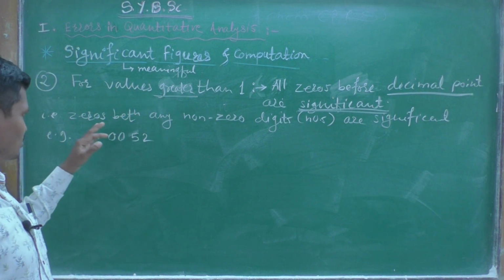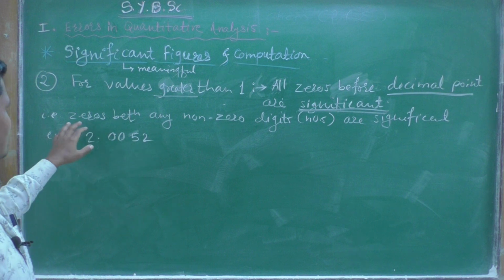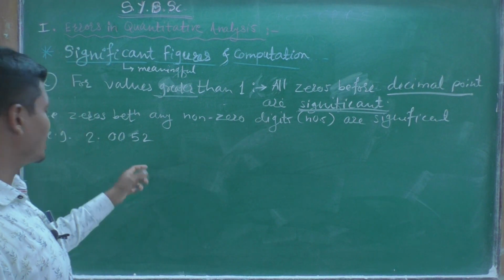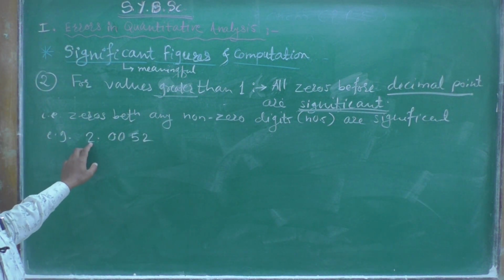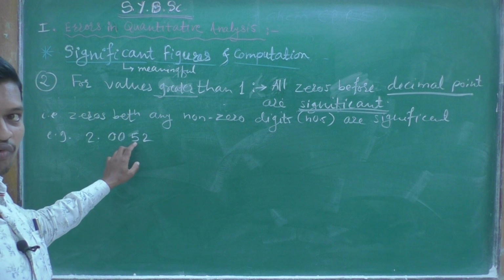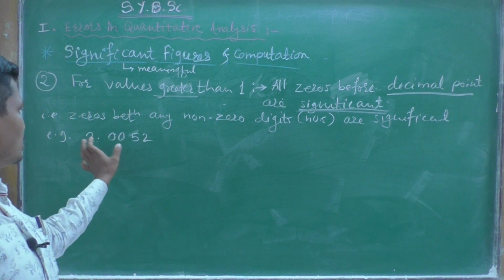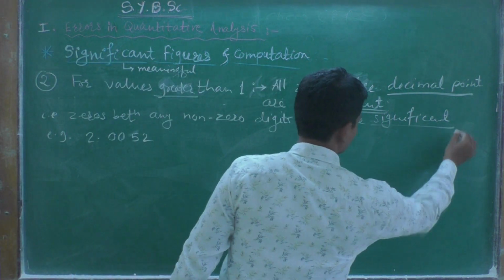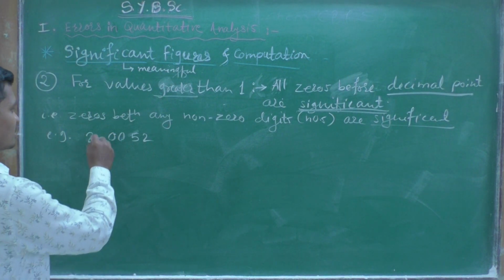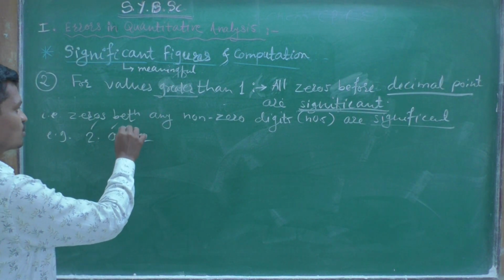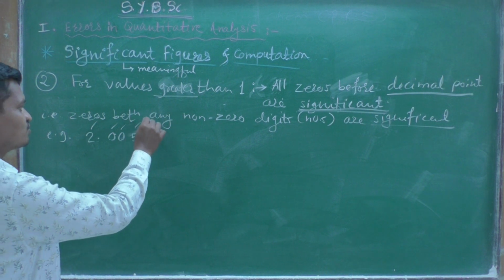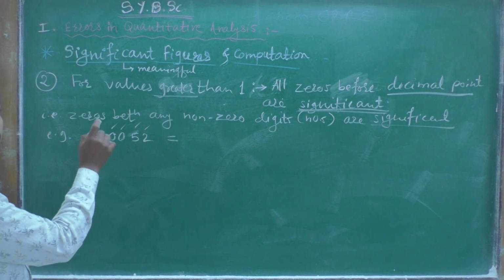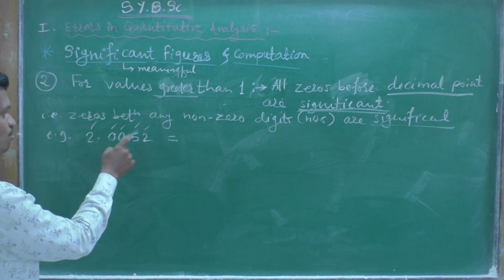These are the zeros between non-zero digits: this digit is 2, non-zero, and this digit is 5, which is non-zero. So the zeros between 2 and 5 are significant. That's why this 2 is significant, these zeros are also significant, and this 5 and this 2 are also significant. So the number of significant figures in this number is 1, 2, 3, 4, 5.